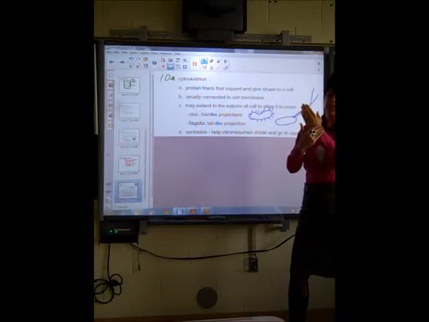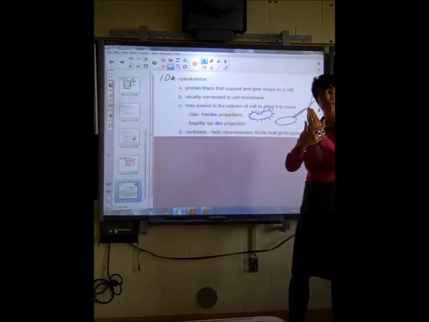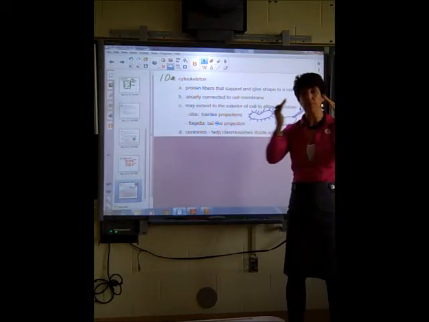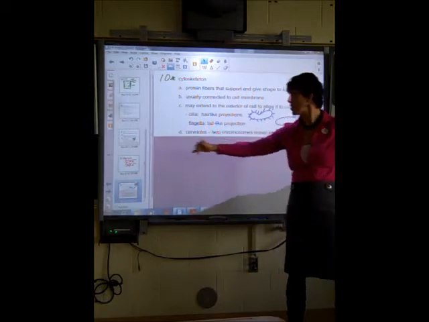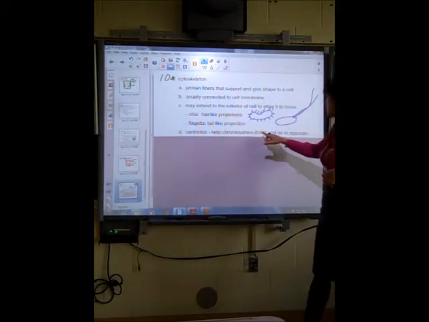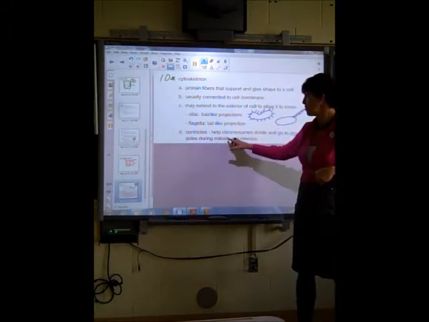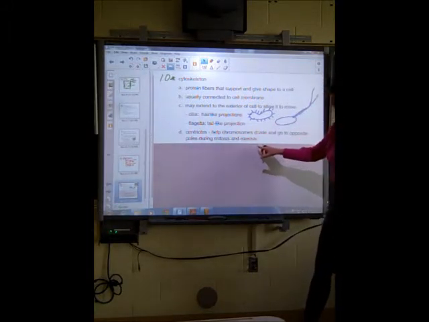So there is a region, it's called a kinetochore region on the centromere, where a centriole's spindle fibers would attach and pull the chromosomes apart. So centrioles found in cells help chromosomes divide and go to opposite poles during mitosis and meiosis.